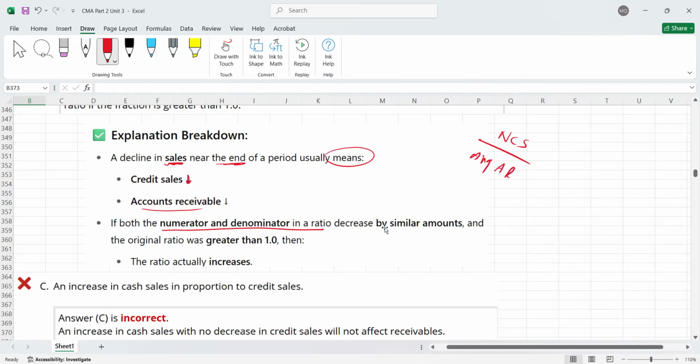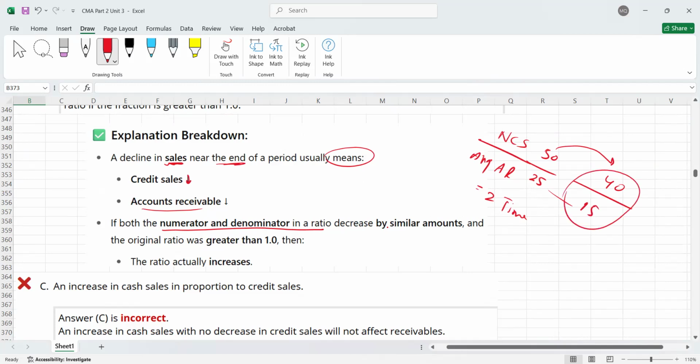Let's assume before this decrease in sales, our net credit sale was 50 and accounts receivable was 25, so the answer was 2 times. Now we assume your net credit sale has decreased from 50 to 40. Because the numerator and denominator decrease by the same amount, receivables should also be reduced by 10, from 25 to 15.